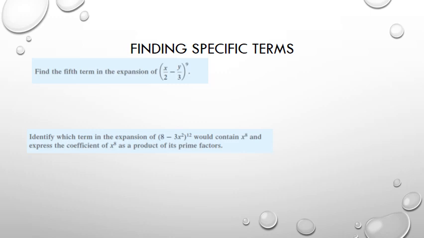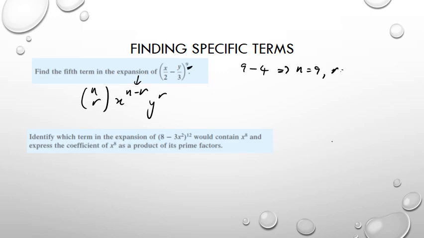Alright, if we want specific terms, so find the fifth term in the expansion. Now, whenever you're trying to find the terms, we have nCr, and we have x to the n minus r, then y to the r. Now, because of that, if we want the fifth term, we always need to do 5 minus 1, which then means our n is 9, because that's n, that one doesn't change.